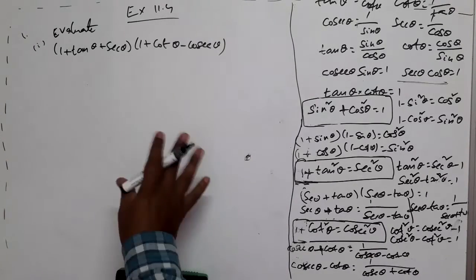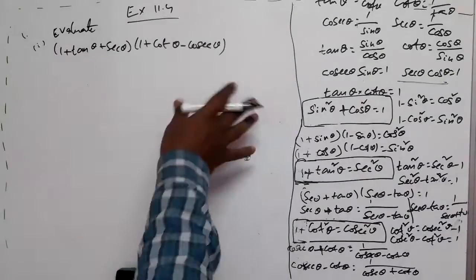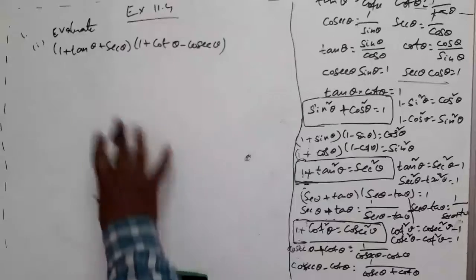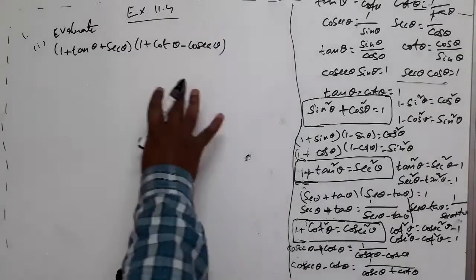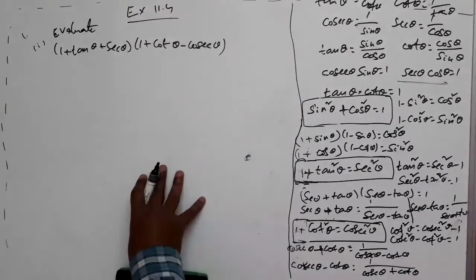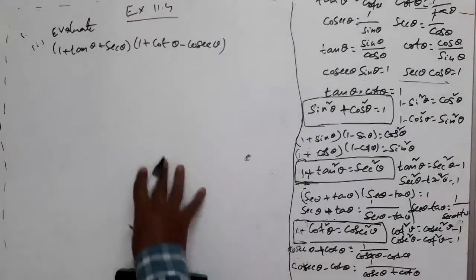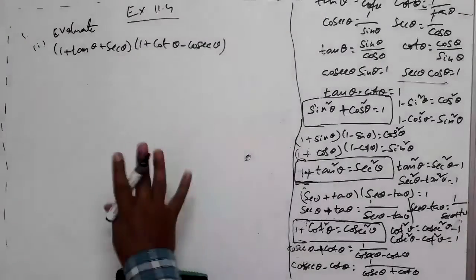Of course, the condition is that for that angle theta, every term of this expression should be defined. That means nowhere in this expression should you get a 0 as a denominator. That is the only condition.